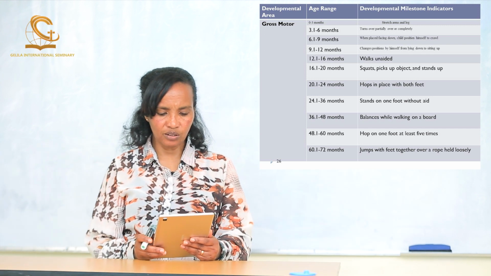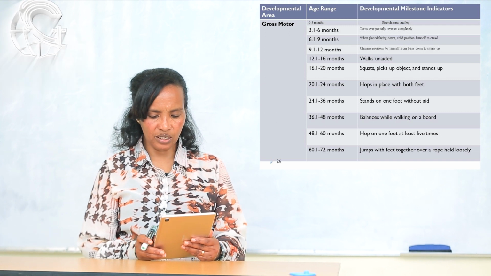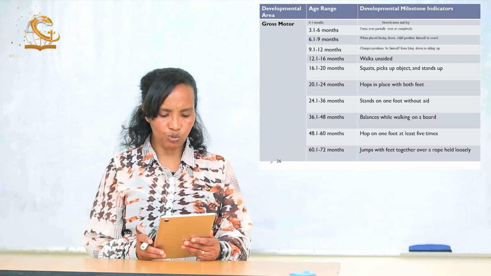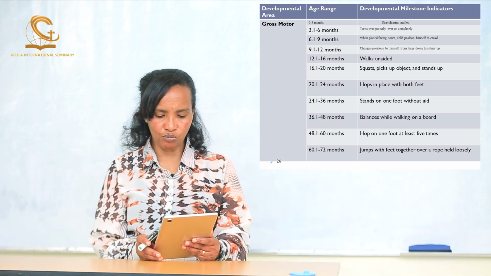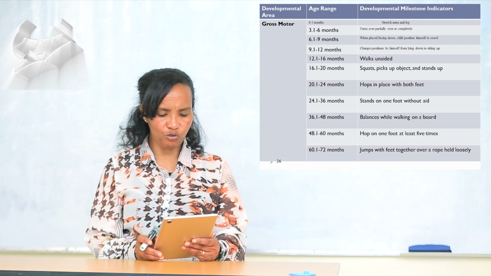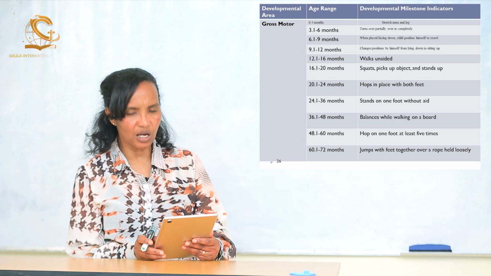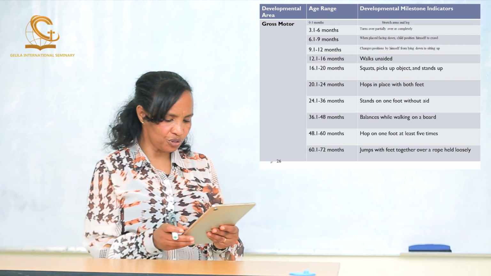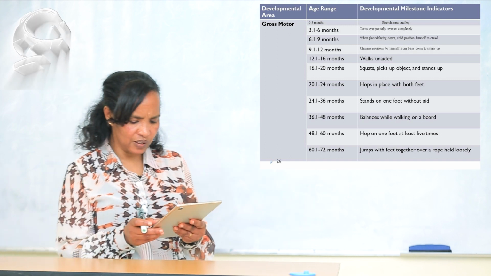From 16 to 20 months, squats, picks up objects and stands up. From 20 to 24 months, hops in place with both feet. From 24 to 36 months, stands on one foot without aid. From 36 to 48 months, balances while walking on a board.